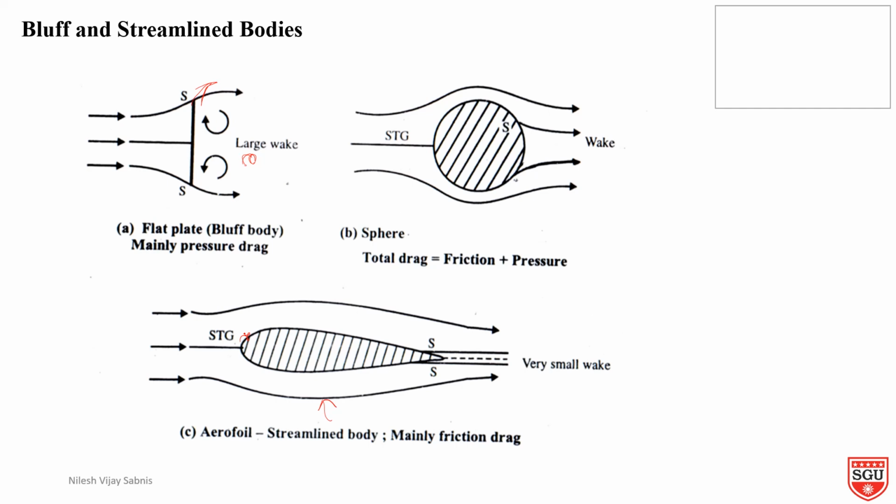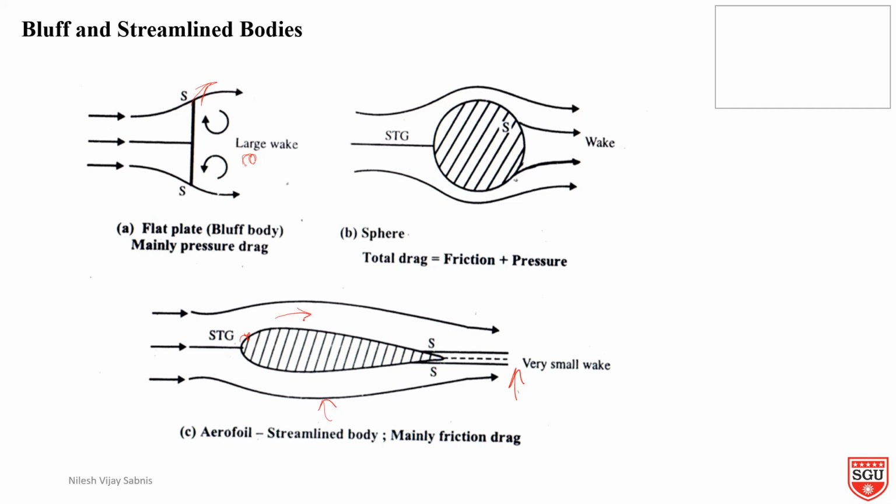Thus behind the streamline body, the wake formation zone is very small. Here wake is formed, but it is very small, and consequently pressure drag will also be small. Then the total drag on the streamline body will be due to friction only, that is, due to shear.